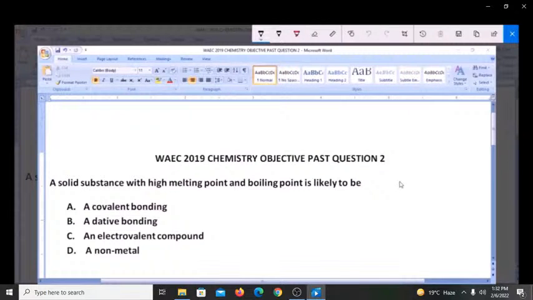The other option is option B, which is a dative bond. A dative bond can also be referred to as a coordinate covalent bond, and it's a kind of covalent bond in which the electrons that are to be shared are derived from one of the constituent atoms.